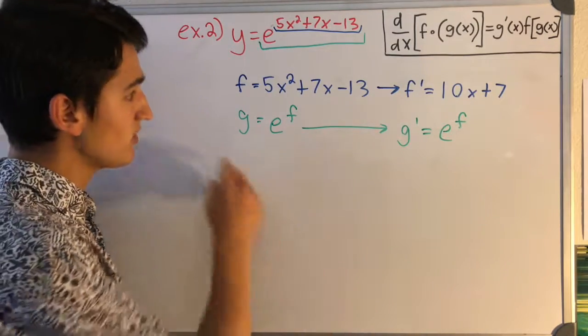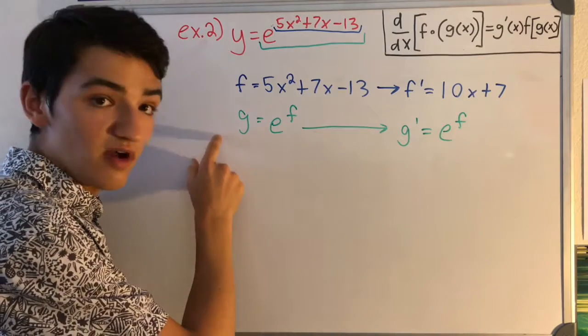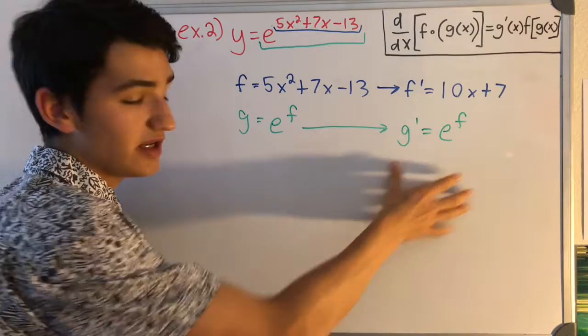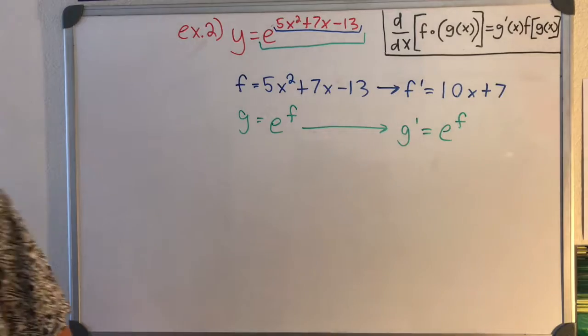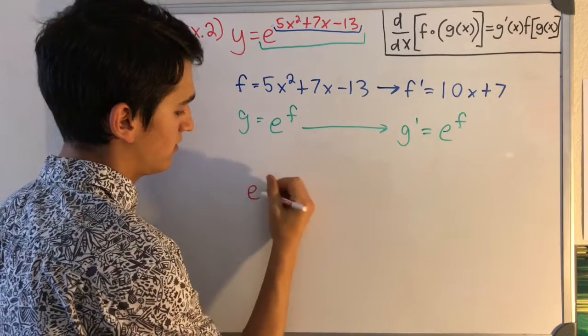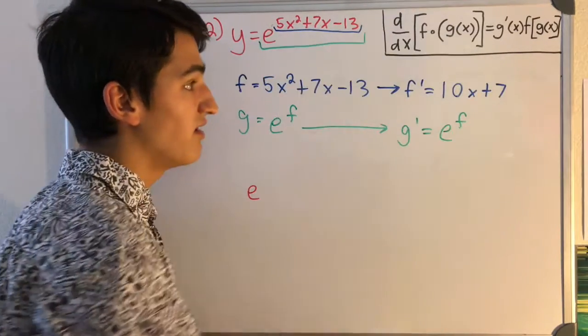Remember, just like last time, we're starting with the derivative of the last function, which is this one right here, g prime. It'll just be e to the f, and it'll be times everything that's above it over here.